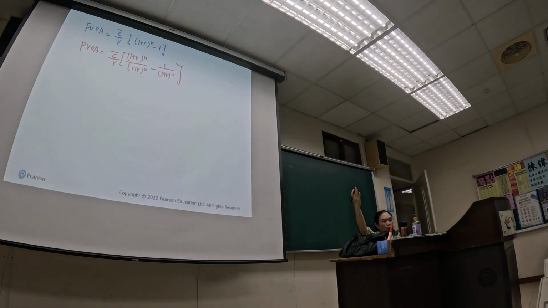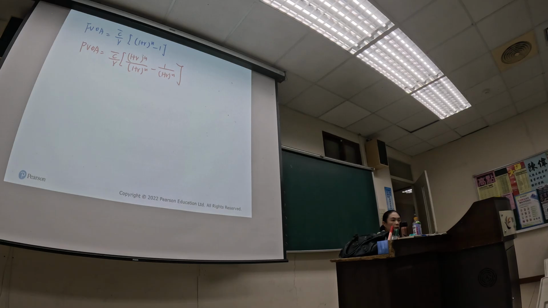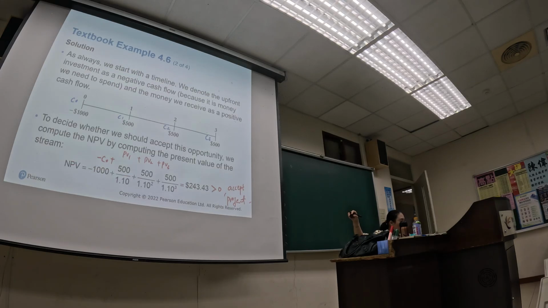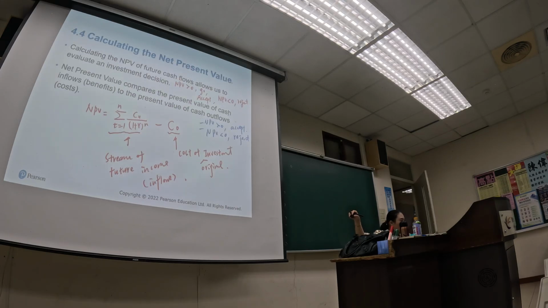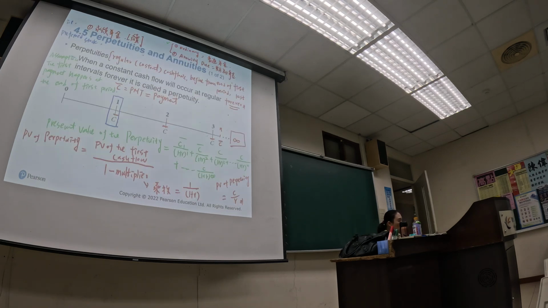Present value equals to future value discounted back by 1 plus R to the power of n. Agree? We just went through this, guys. Present value equals to future value divided by 1 plus R to the power of n, right? So very straightforward.